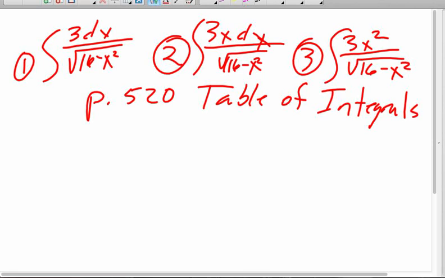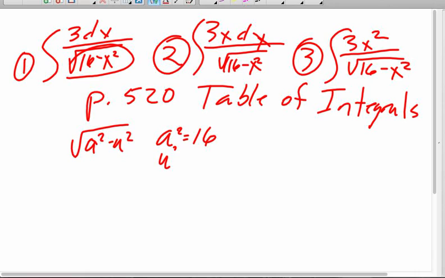I shall know these. And if you look around, you'll find this guy right here as the square root of a squared minus u squared, where my a squared is 16, u squared is x squared, which means a is 4, u is x.